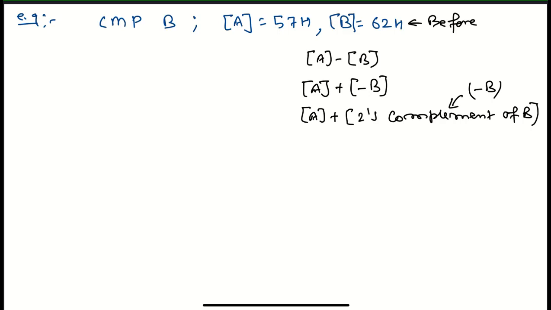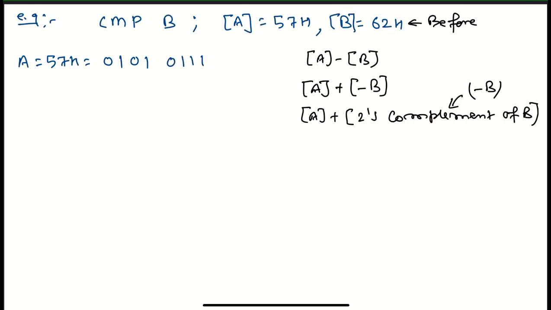Here the content of A is 57H, and its binary pattern can be written as 0101, and for the 7 it will be 0111.